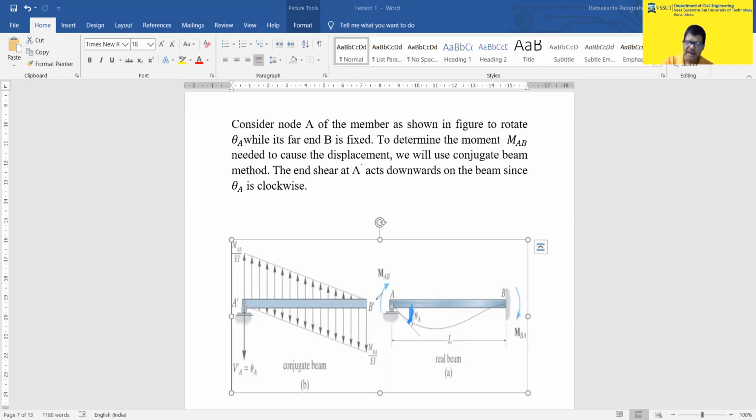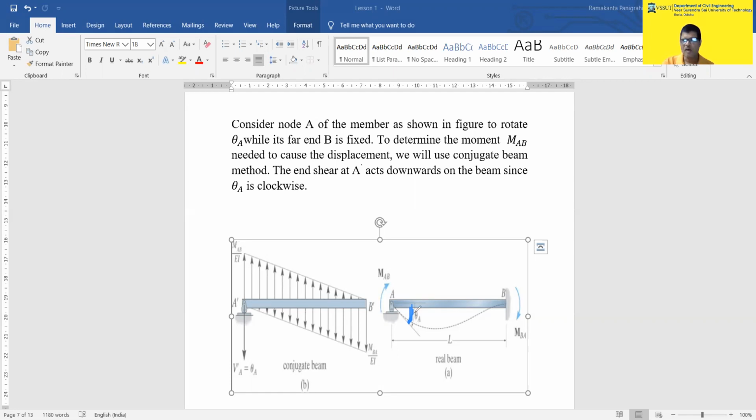What is the moment at points A and B due to this rotation? If you apply the unit rotation, you draw the M by EI diagram. If the force is MAB, it will be MAB by EI here and MBA by EI here. Due to this, the moment is maximum here and 0 here, and maximum here and 0 there.